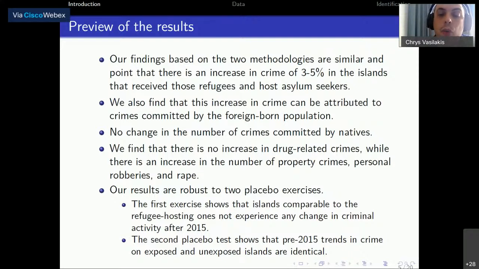The first one, we use a group of islands that are comparable to the refugee-hosting ones, and they didn't experience the refugee crisis. And we find that there is not any change in criminal activity after 2015. Also, we have another placebo test, which shows that the pre-2015 trends on exposed and unexposed islands are identical.